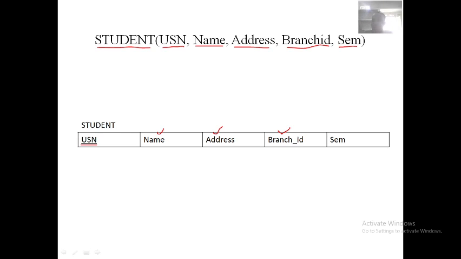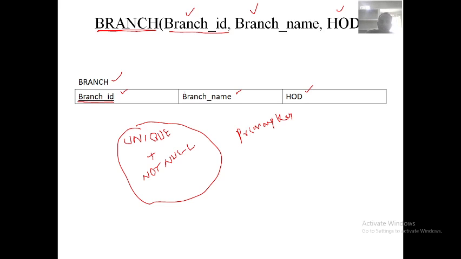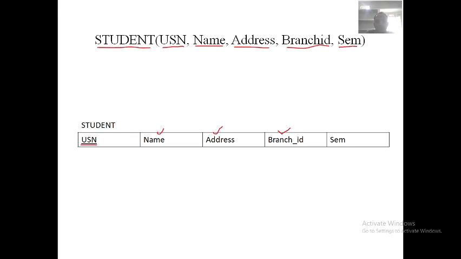Branch ID is the primary key of the branch table. So branch ID is a primary key of another table, and we are referring to it here. The primary key of one table, referred to in another table, is called a foreign key.